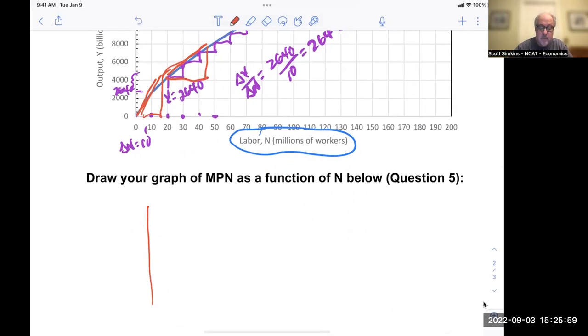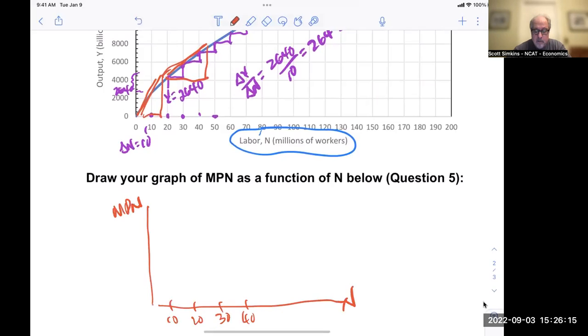What we want to do is take the column from our table on the vertical axis and graph that relative to N: 10, 20, 30, 40, etc. We know that the marginal product of labor at 10, from what we calculated, is 264.